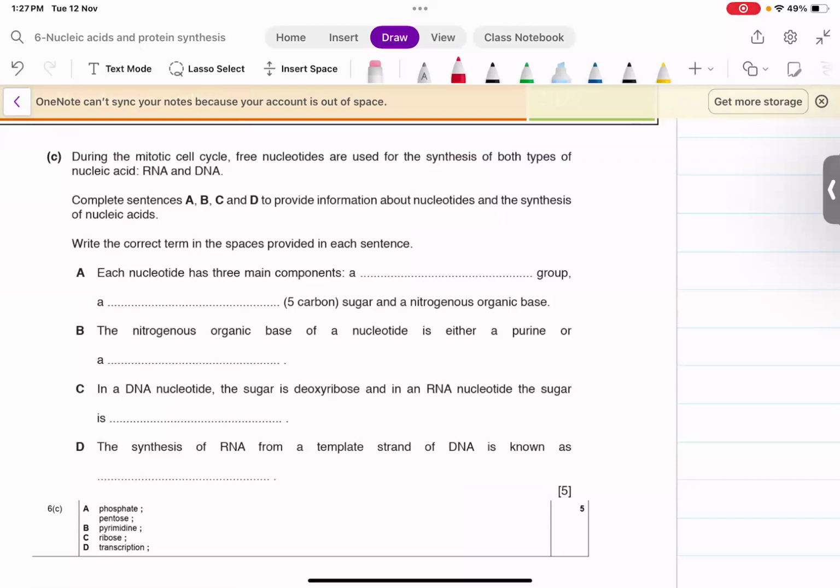During the mitotic cell cycle, free nucleotides are used for the synthesis of both types of nucleic acid, RNA and DNA. Complete sentences A, B, C, D to provide information about nucleotides and the synthesis of nucleic acid. Write the correct terms in the space provided in each sentence. Each nucleotide has three main components. Which main components will they be? Number one, a phosphate group. Number two, 5 carbon sugar, which obviously should be pentose, and a nitrogenous base.